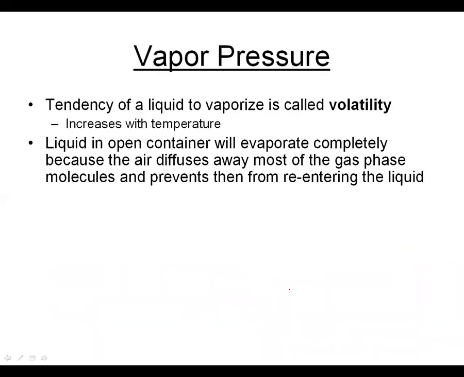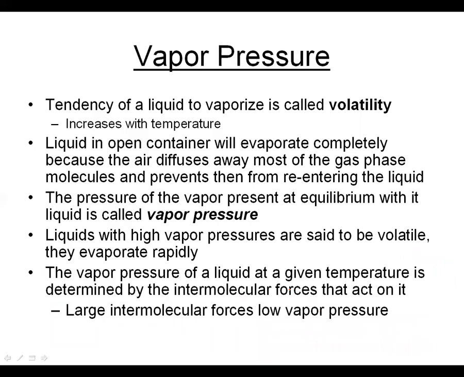Okay. So then let's talk a little bit about vapor pressure. Vapor pressure has to do with the pressure of the gas above a liquid surface. To start off, the tendency of a liquid to vaporize is called its volatility.